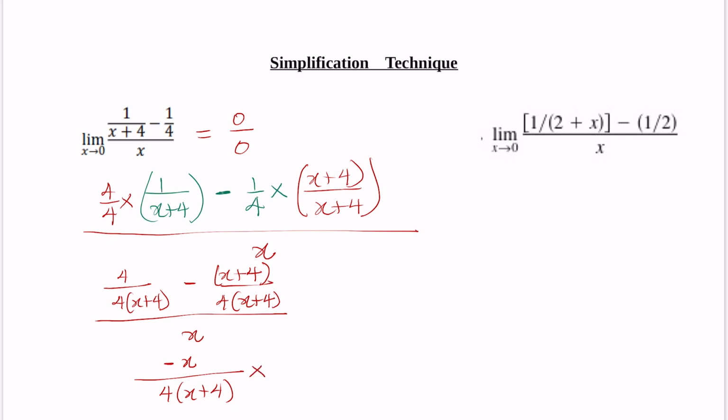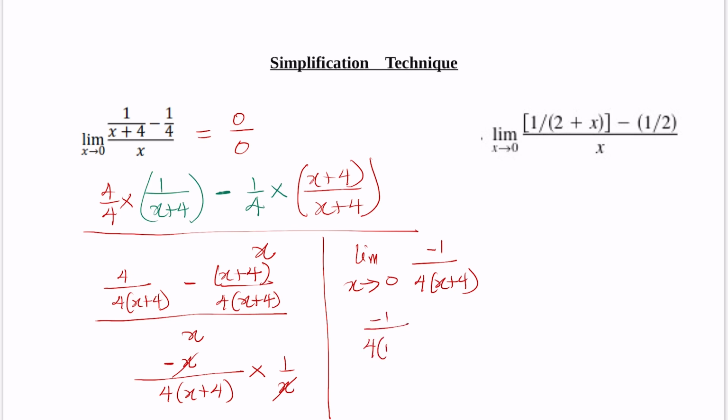I'll write the division as 1 over x, so this will simplify to negative 1 over 4 times x plus 4. Now we can apply direct substitution, which gives us negative 1 over 4 times 0 plus 4, which gives us negative 1 over 16. That becomes the answer to the limit.